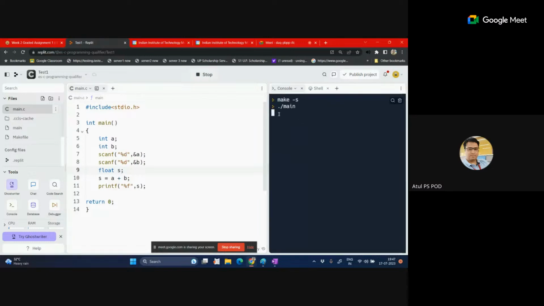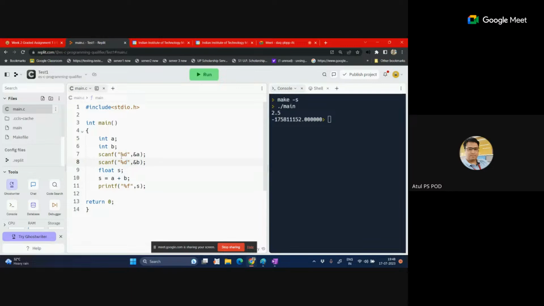Okay, so I'm writing a simple value 2.5. It is showing some garbage value. Why is it showing garbage value? %ld. Okay, so it is not taking.